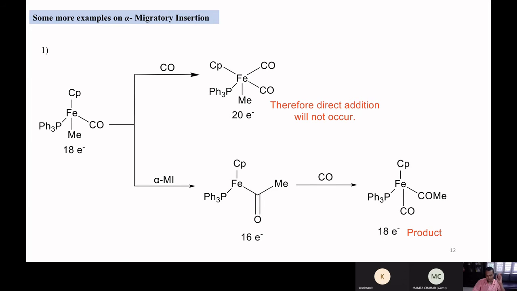The s orbital can hold up to 2 electrons, p orbital can hold 6 electrons, and d orbital can hold 10 electrons. So 10 plus 6 plus 2, 18 electrons is feasible. Another extra ligand such as carbon monoxide cannot join with iron. This is the reason why this sort of 20 electron iron species is not possible.